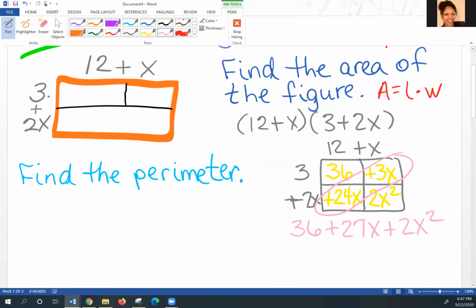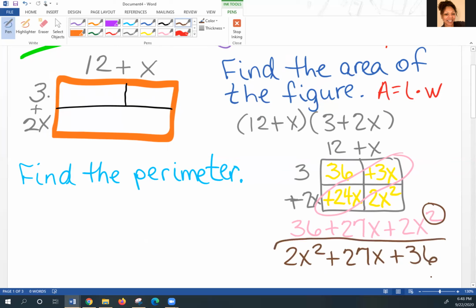However, you do not leave your answer in this form. You always put it in standard form, which means my highest exponent should go first. So 2x squared plus 27x plus 36. This is the area of this figure.